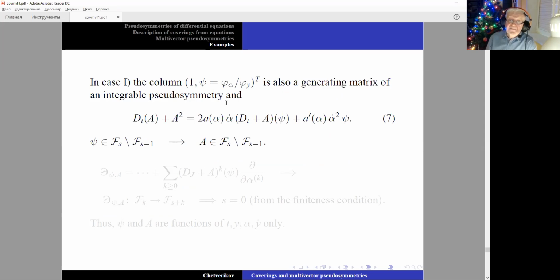Here we use theorem 4, and the defining equation for this generating matrix is of this form.